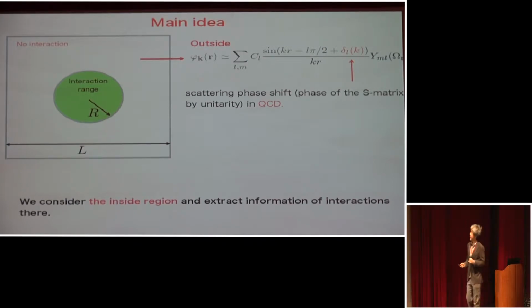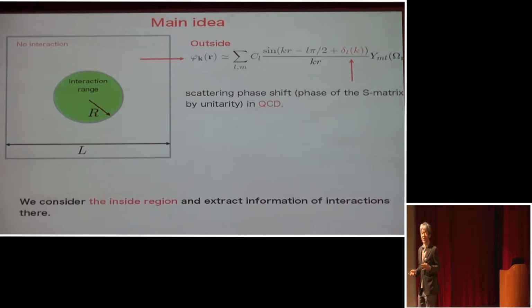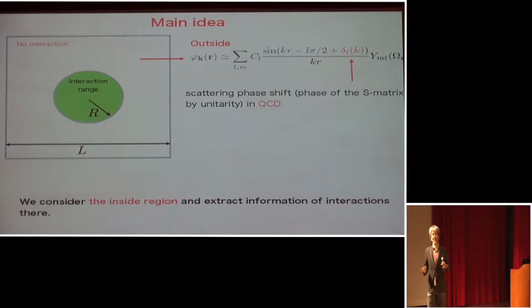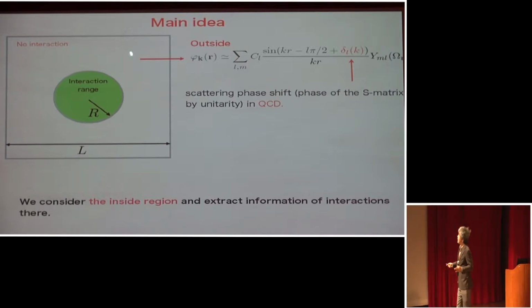The main idea is as follows. We consider some box size, but this box must be larger than the interaction range of QCD. This is the assumption. We assume the QCD interaction is short range, cut off effectively by the pion mass. Therefore, the interaction in this region is almost negligible. Theoretically, we can show that the NBS wave function in this region can be written as a sum of partial waves, like this.